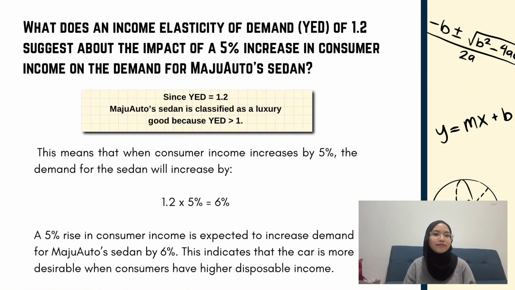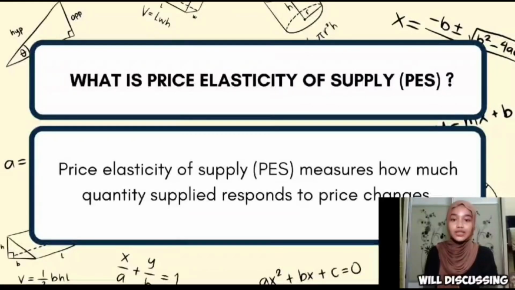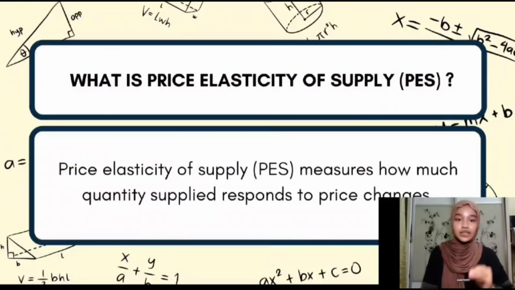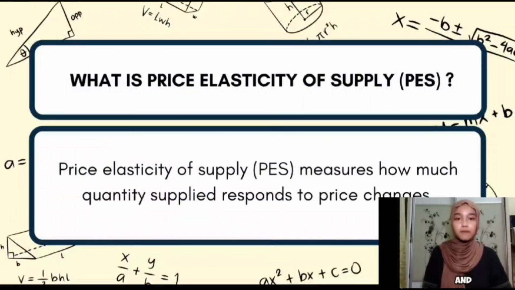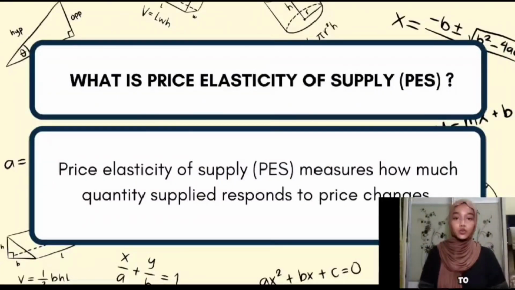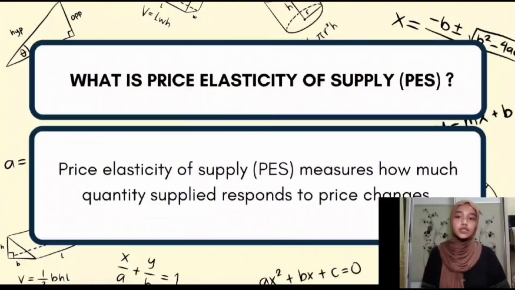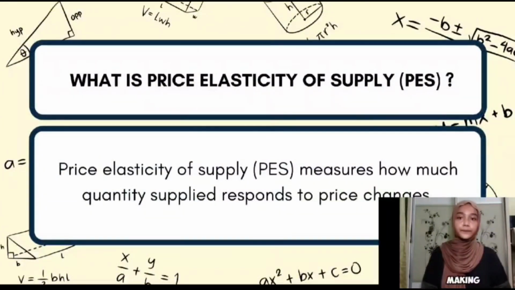That's all from me. Today, I will be discussing an important concept in economics, which is price elasticity of supply, or PES. Understanding PES helps businesses and policymakers determine how supply reacts to price changes, which is crucial for decision making.